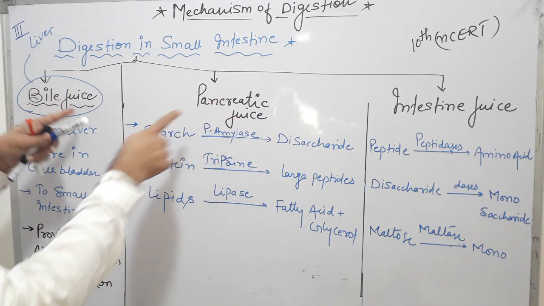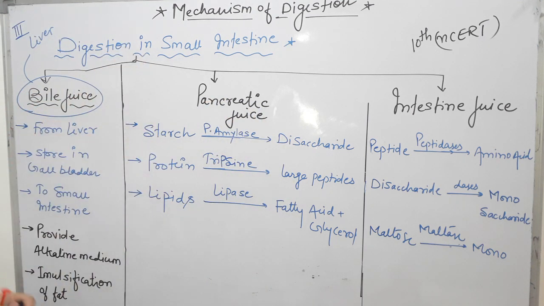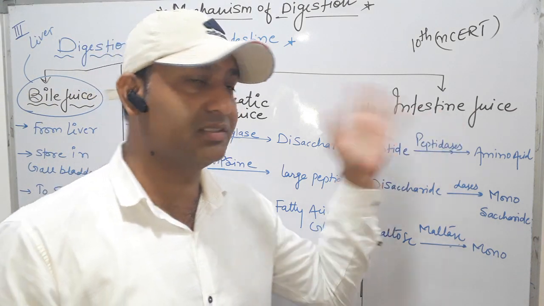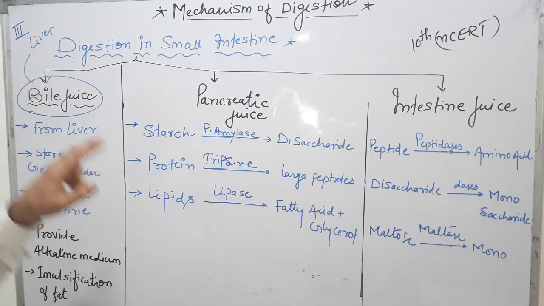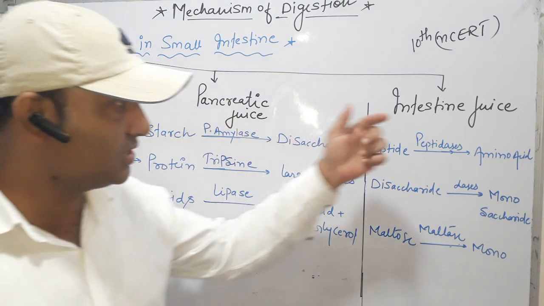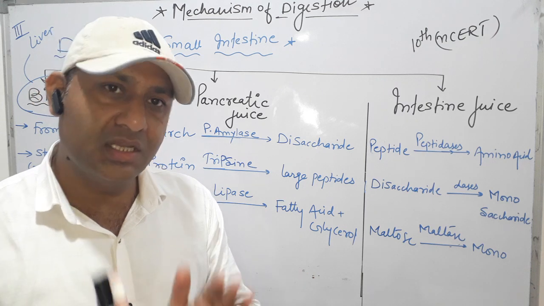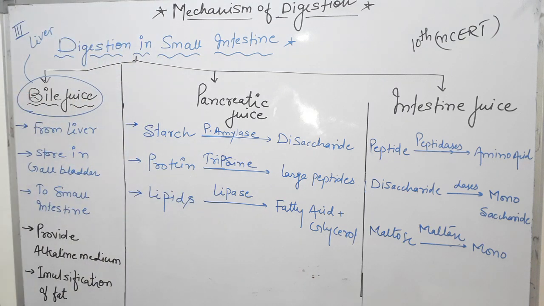These two secretions enter the small intestine, and the third secretion is the intestine's own secretion. So three juices, bile juice, pancreatic juice and intestinal juice, help in the complete digestion of food in the small intestine. Now first we take the bile juice.